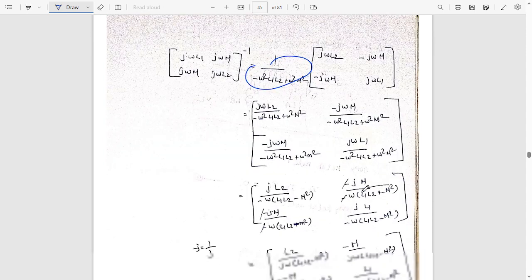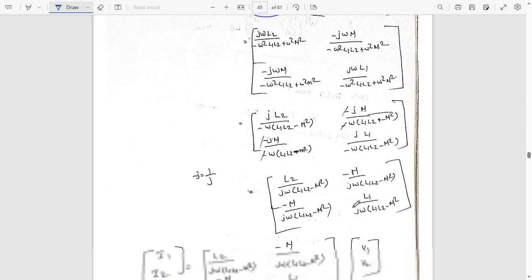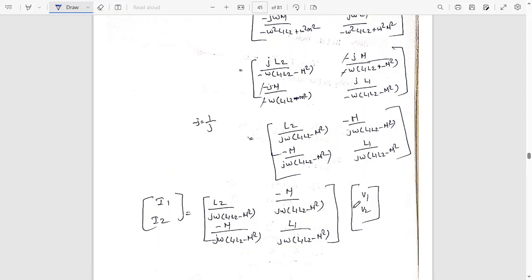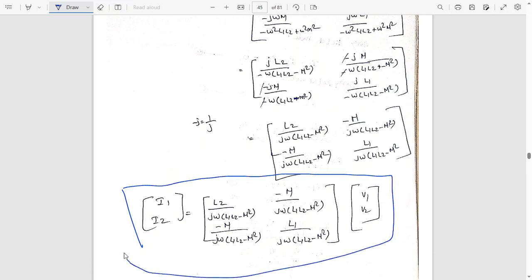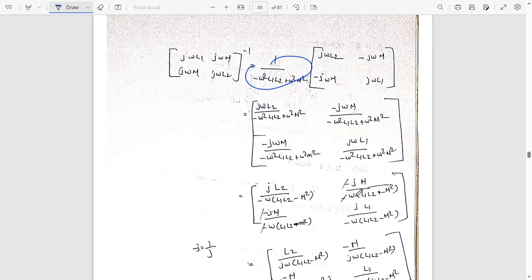Just pause the video and do the calculation. I am not doing anything much other than mathematics. You can do this on your own and you will get a final matrix like this. If you have any doubts, you can come and meet me and ask. It is a simple mathematical calculation, so I am not explaining.